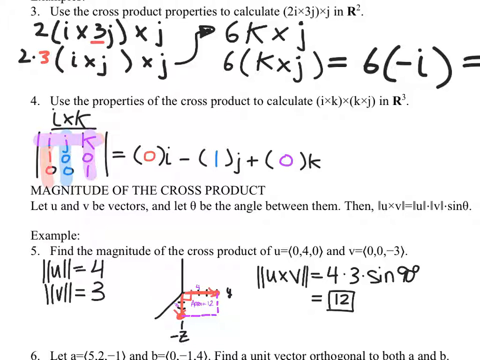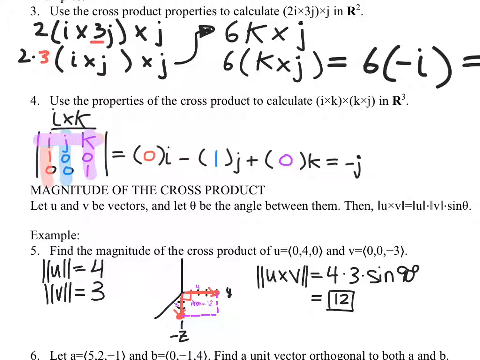All right, so what we get from this is a negative J. So I cross K is going to give me a negative J.